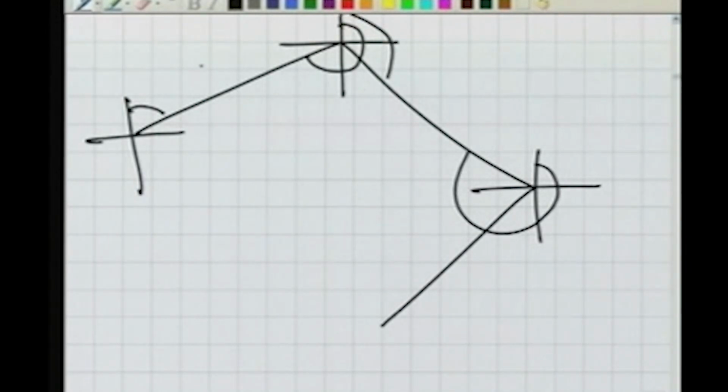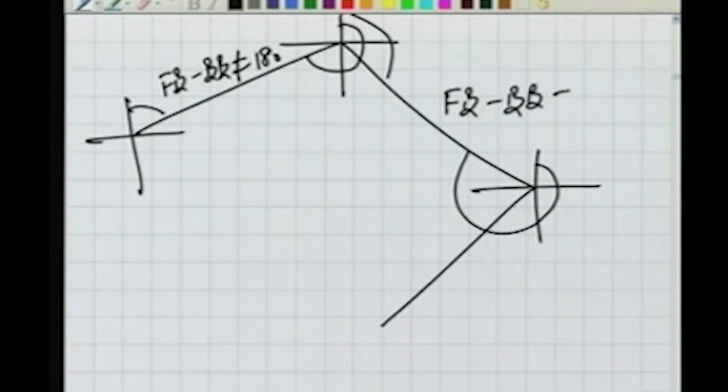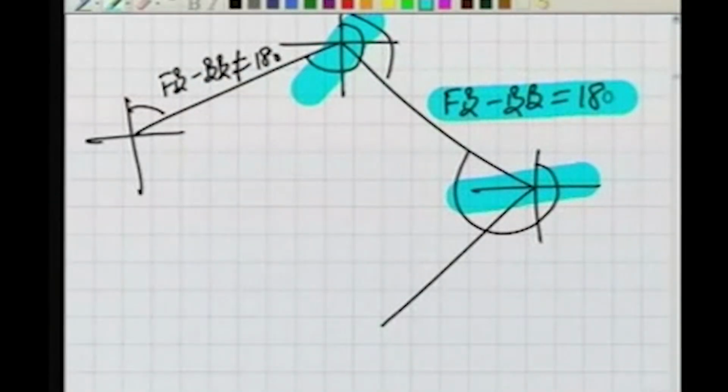We find that the fore bearing minus back bearing for this line is not equal to 180, while here the fore bearing minus back bearing is equal to 180. If this is so, what is our conclusion? We conclude that this station as well as this station are free of the local attraction, because the difference of the bearings is 180.